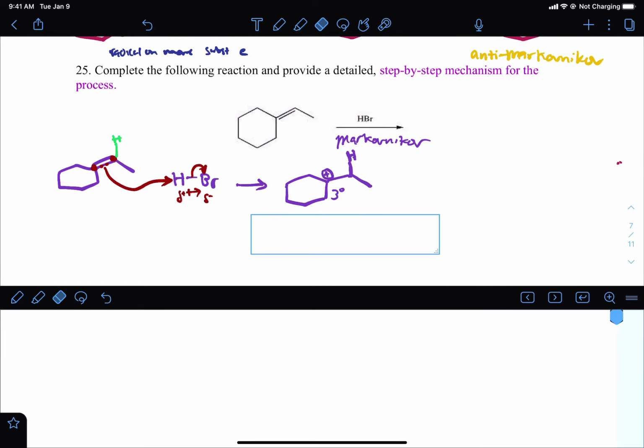Okay, then from this point, we've got bromide floating around. And it's very simple. Bromide is going to come in and add to the cation.